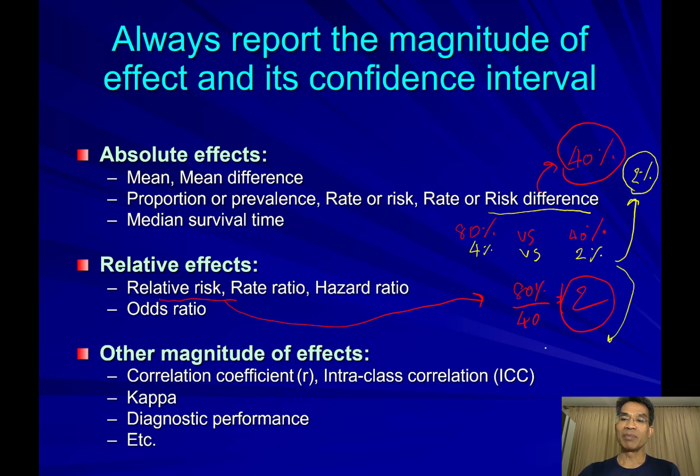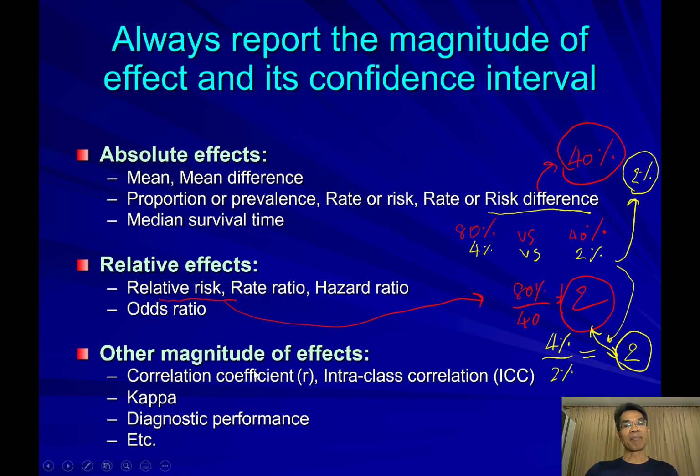But for the relative, it will be 4% divided by 2%, which remains 2. You see how different it is. This is stable, but this gives you another view of the magnitude of effect. So be careful about what should be analyzed, or the goal of the inference.